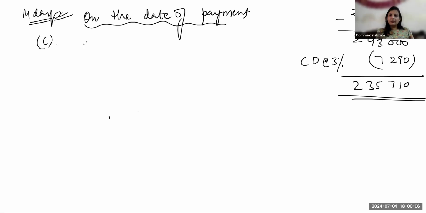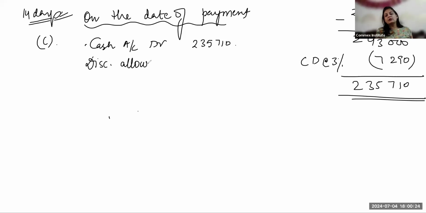So on the date of payment, we are going to pass the entry as cash account debit. Are they paying by cheque or cash? Cash. Okay. So it'll be cash account debit. We are getting 2,35,710. Discount allowed account debit. Discount allowed account, because we are giving the discount to this, what's the name, Mittal Brothers. Okay, so it is an expense for us. So 7,290 and to Mittal Brothers.